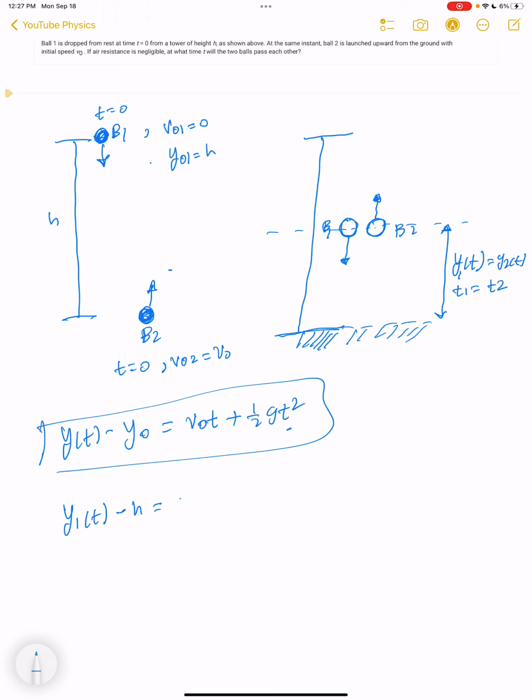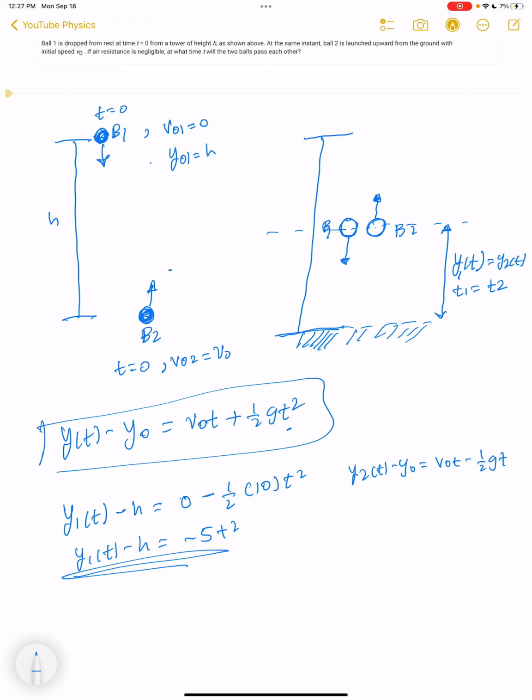And it's a free fall, so velocity is 0, so this part of the equation will be 0, minus 1/2 g, let's assume 10, t squared. So this gives us y1 of t minus h equals negative 5t squared. This is our first equation. The next one is y2 of t minus y naught equals v naught t minus 1/2 gt squared.